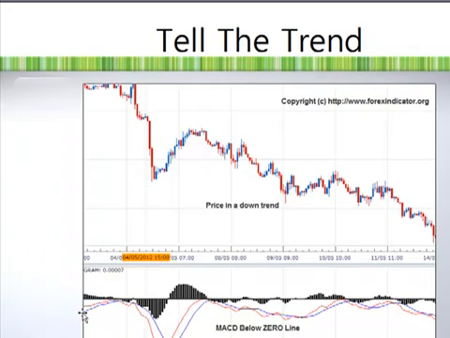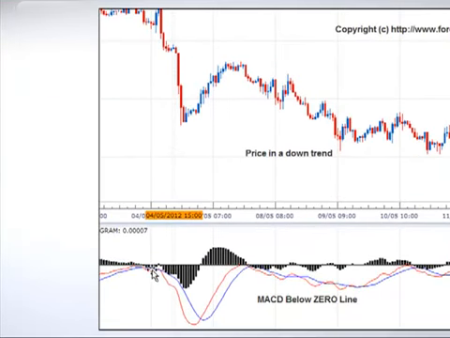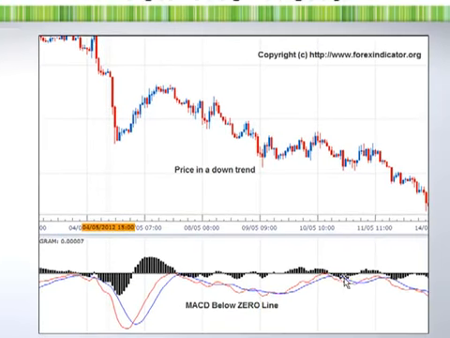You can see the MACD two lines are always below the zero line. And the longer it stays below the zero line, the stronger the trend. All the way, it's telling you that you're in a strong downtrend.